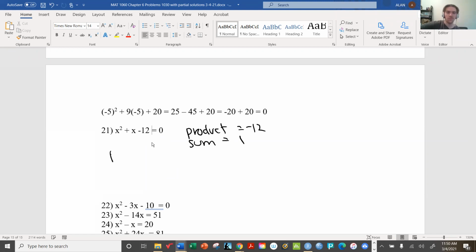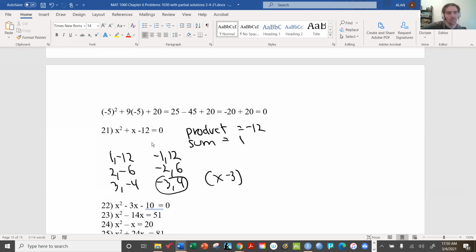We have 1 and -12 is one possibility, -1 and 12, then we'll have 2 and -6, -2 and 6, 3 and -4, -3 and 4. One of these has to have a sum of 1, and that happens to be this one. And that means these are the factors.